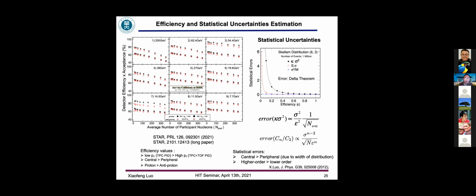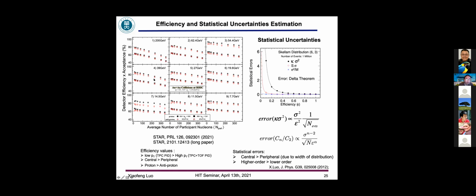Here I show you the efficiency of the proton and the antiproton for different energies and different pT ranges. We need to carry out the efficiency correction, so we have to estimate the efficiency value of the proton and antiproton. Basically the efficiency decreases when you increase the collision centrality, because at central collision you have a larger track density, which lowers your tracking reconstruction efficiency.